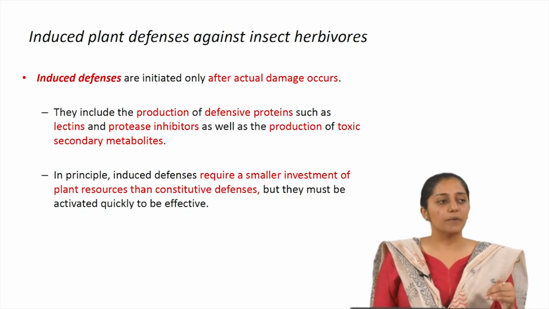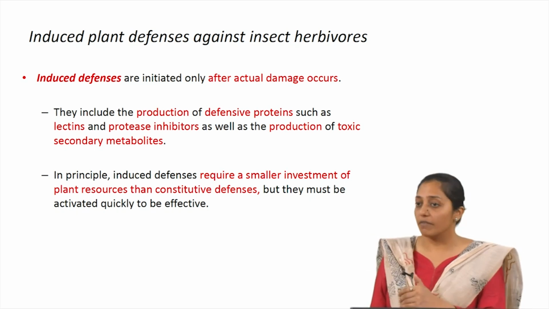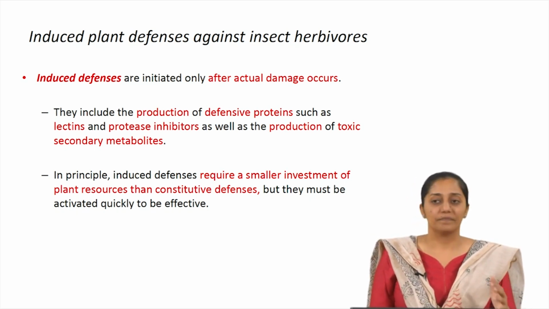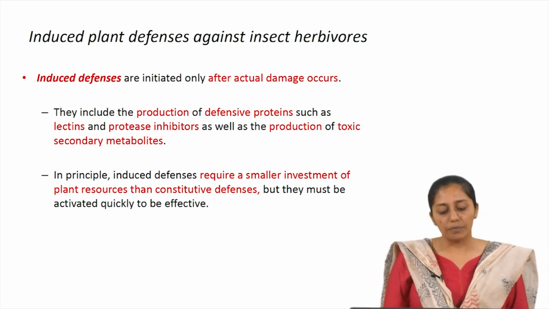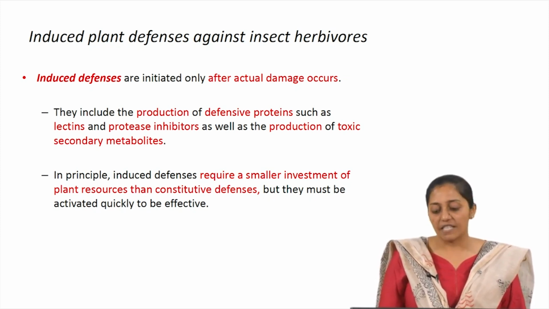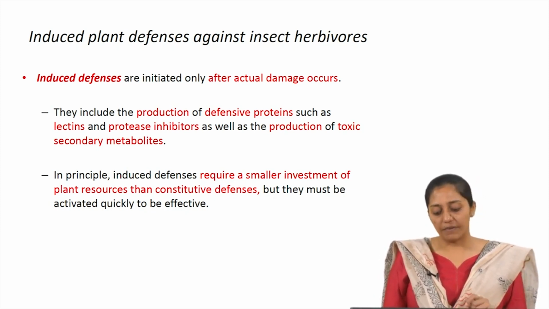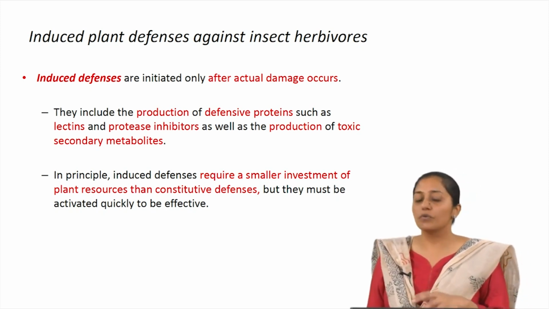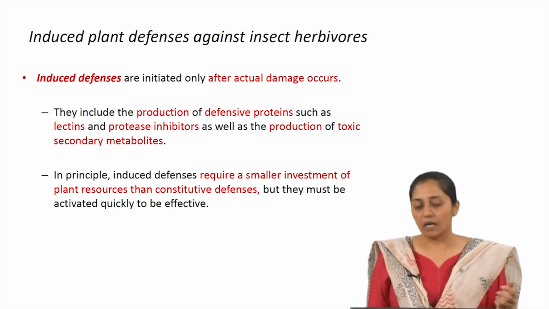But the key here, whether the plant would be able to survive, which species is stronger than the other, depends on how fast the plant is producing these compounds. So, they include the production of defensive proteins such as lectins and protease inhibitors, as well as production of toxic secondary metabolites. In principle, induced defenses require a small investment, obviously, because they are not produced all the time. So, it is like conserving the resource of the plant, the carbon and the energy.